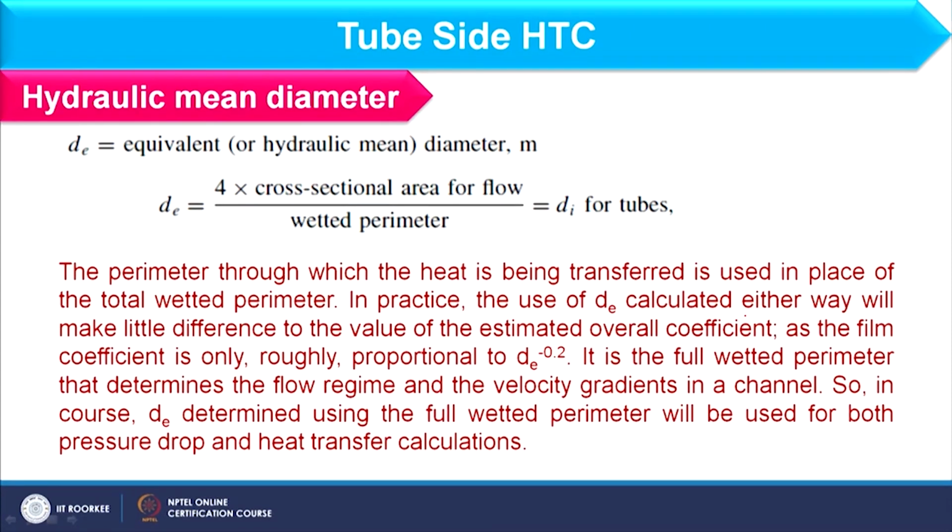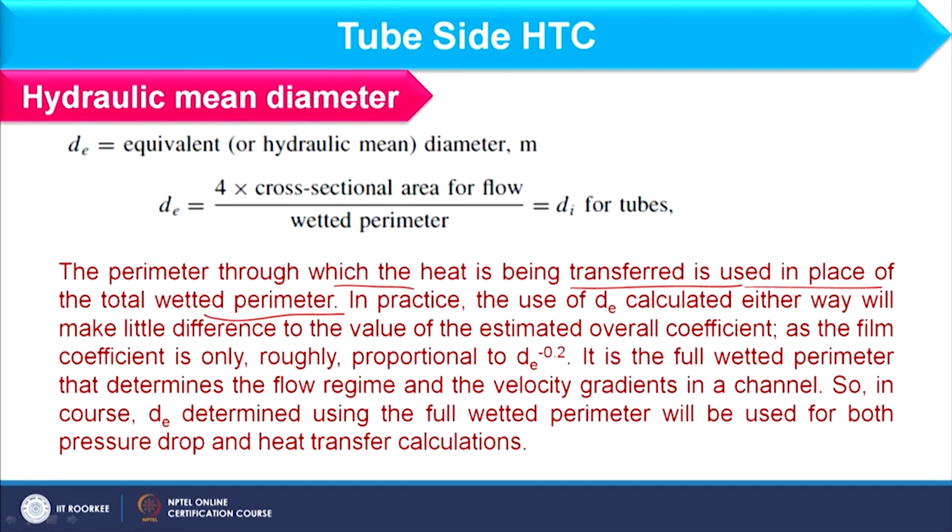So, in this case it is di only. So, why am I considering this? Because the perimeter through which the heat is being transferred is used in place of the total wetted perimeter. So, we consider the perimeter of the tube where heat is being transferred.